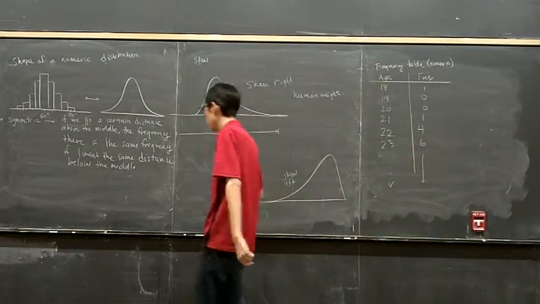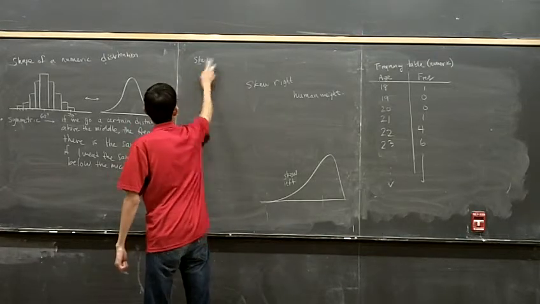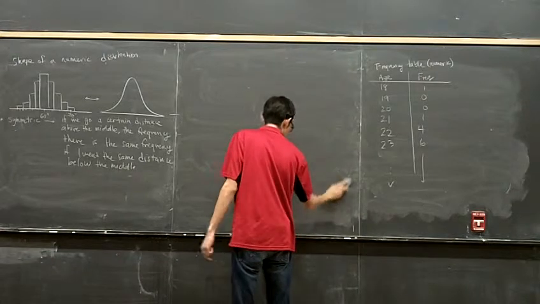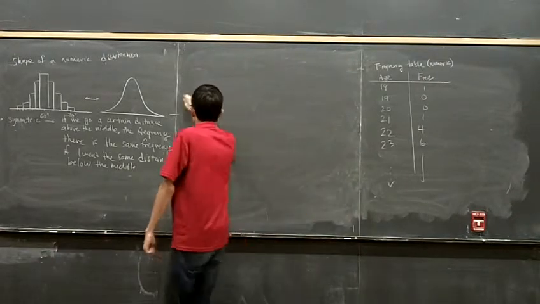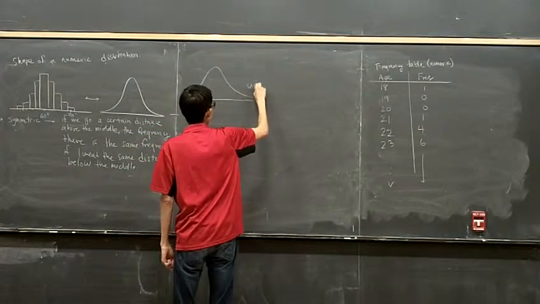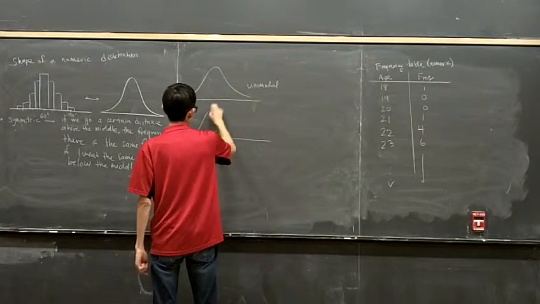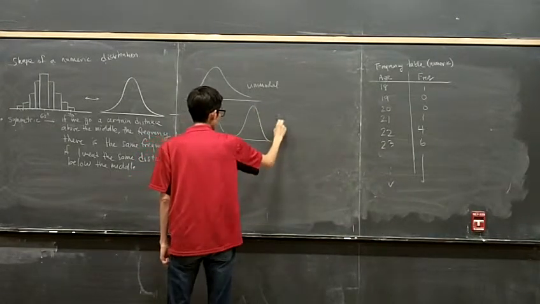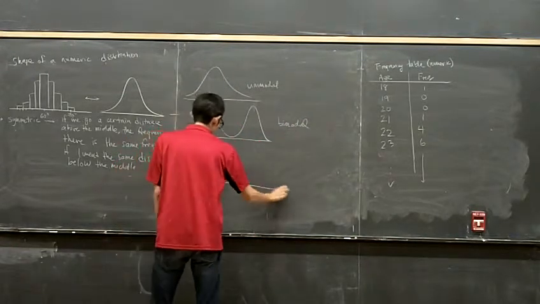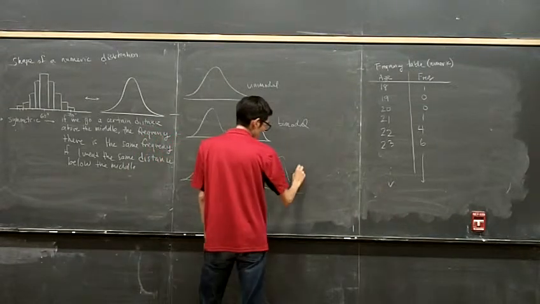Alright, so we talk about symmetric, skew right, skew left. And then anything with one peak we call unimodal. And if it's got 2 peaks, bimodal, and if it's got more than 2, we'll say multimodal.